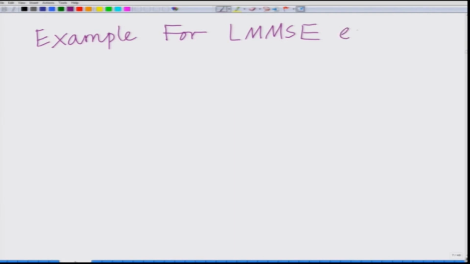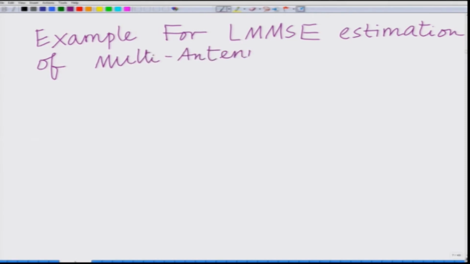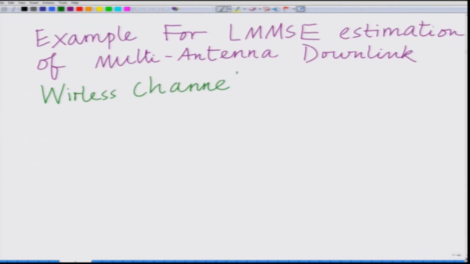Example for LMMSE estimation of a multi-antenna downlink wireless channel. Okay. So we would like to do an example for this.